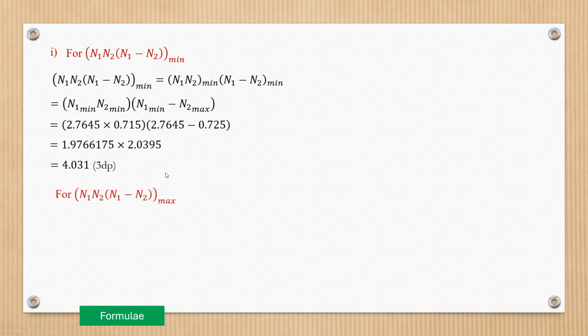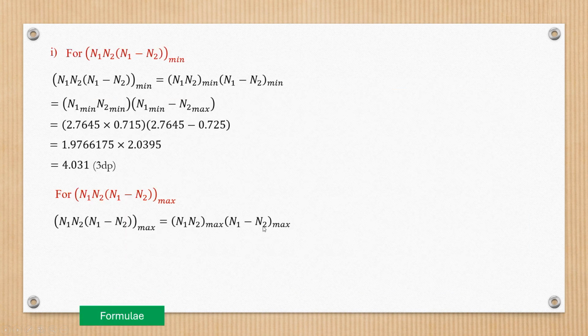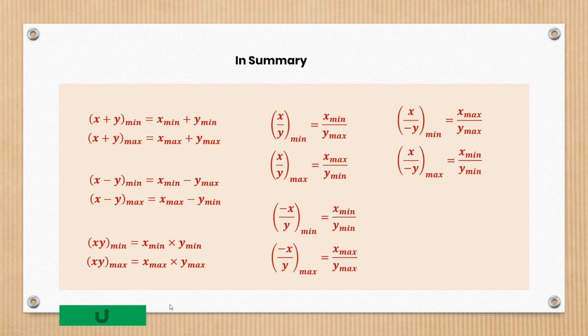Now let's look at the maximum of it. So I'll also have it this way. When I look at this and multiplying, let's consider these together and then these together. I shall see that I'll have max, because that's what I get from right here. And then that means I need the maximum value of this subtraction here, which shall give me max minus min, as you can see right here.